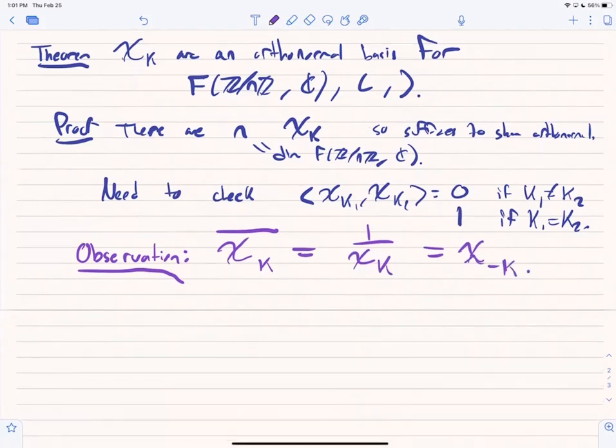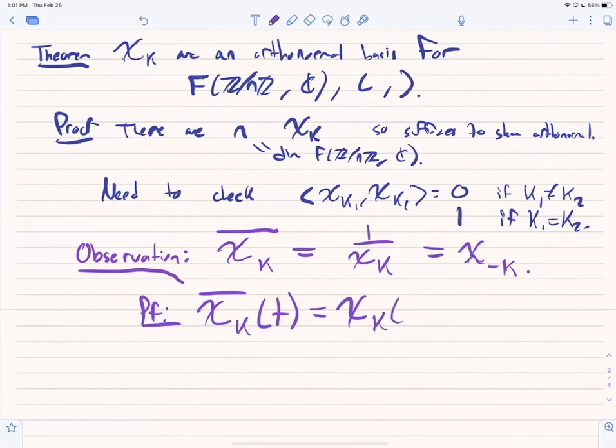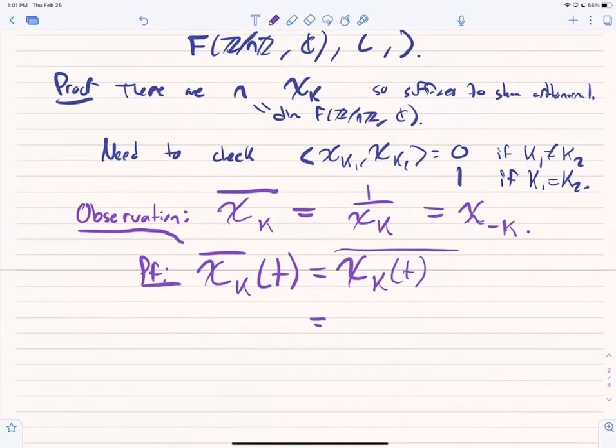And what is the point? Well, the proof of the observation: chi k bar of t is by definition chi k of t, then bar that. This is e to the 2 pi i k t over n, complex conjugate.